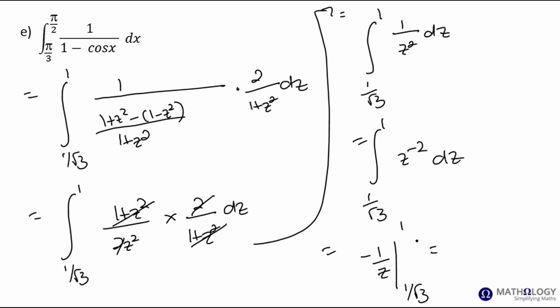So that's going to be, when z equals 1, we'll have negative 1, minus, then we'll have minus 1 over 1 over root 3, which is going to be minus root 3, and then minus times a minus root 3. This will give us minus 1 plus root 3. And that's the final answer.